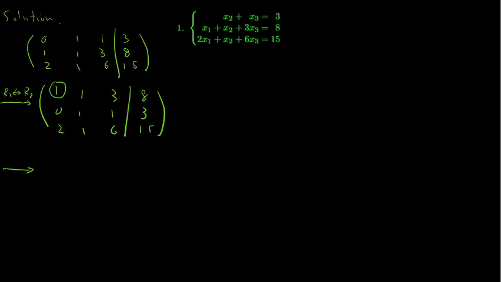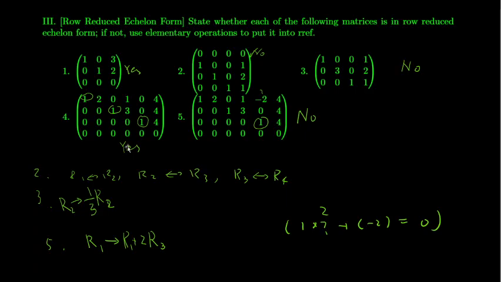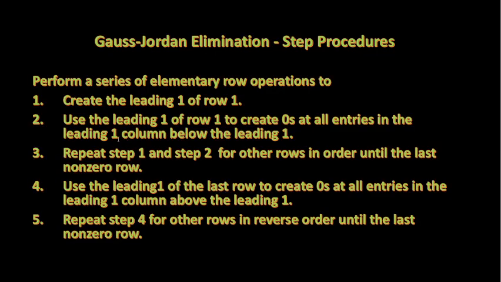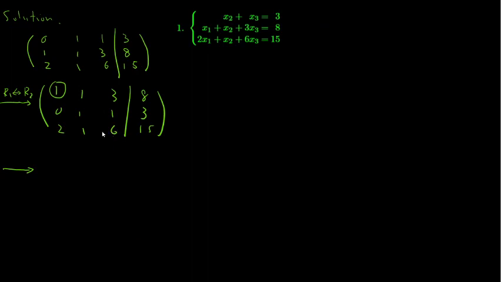Now look at the second step. This one is to use the leading one of row 1 to create zeros at all numbers right below that leading one. That's the meaning. We want to use this leading one to make this location 0 and this location 0.